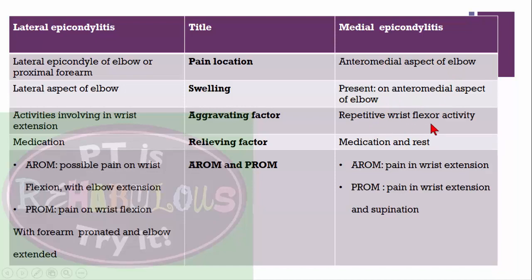Repetitive wrist flexor activity aggravates the pain. Medication and rest or splinting can relieve the symptoms. If the patient is doing active range of motion, there is pain in wrist extension, and in passive range of motion, pain in wrist extension and supination.